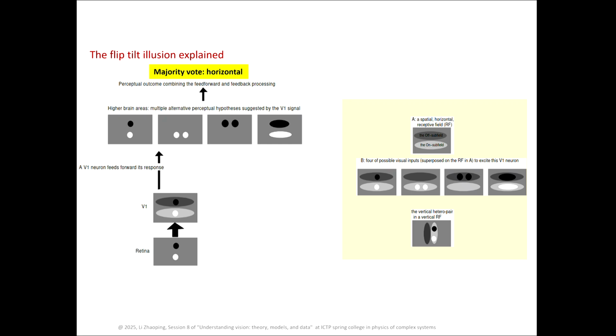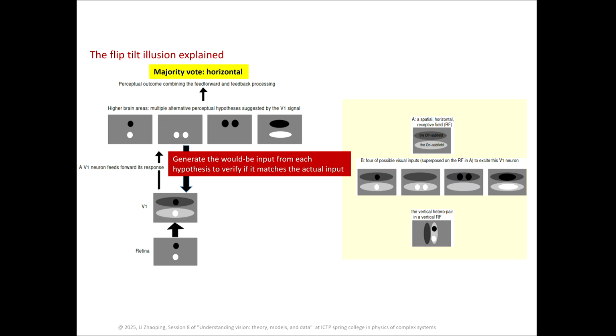Does that make sense? Okay, so that's what happened. So let's continue. Resume. The higher areas should state that the retinal input is horizontal. And this is the flip-tilt illusion caused by an information bottleneck from V1 downstream.